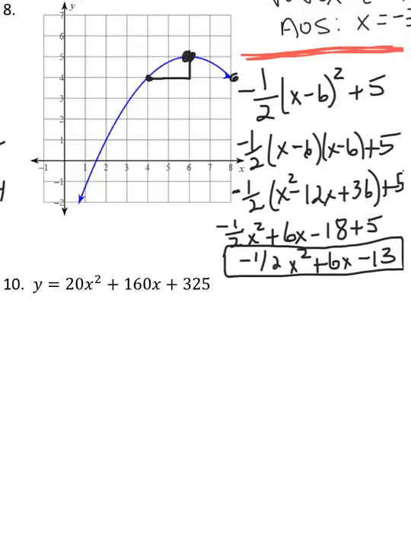Distribute the negative 1/2, and we get negative 1/2 x squared plus 6x minus 18 plus 5. And then the last thing we do is combine these two numbers, and we get negative 1/2 x squared plus 6x minus 13. Make sure that you graph this and graph this, and make sure they all match and that they match the graph here. And as long as all of those three things happen, then you're correct.